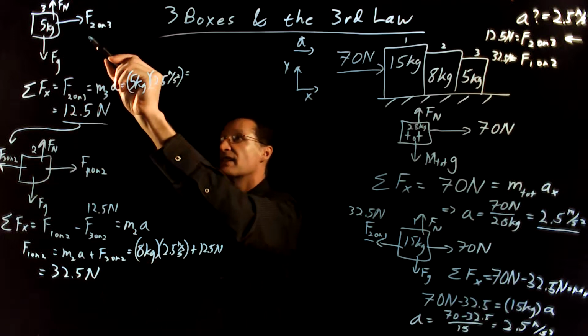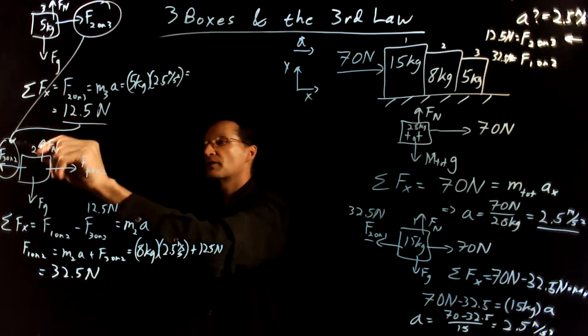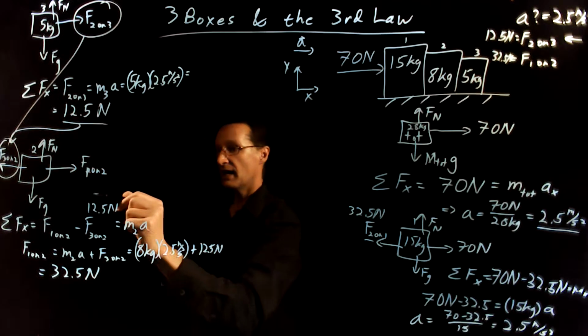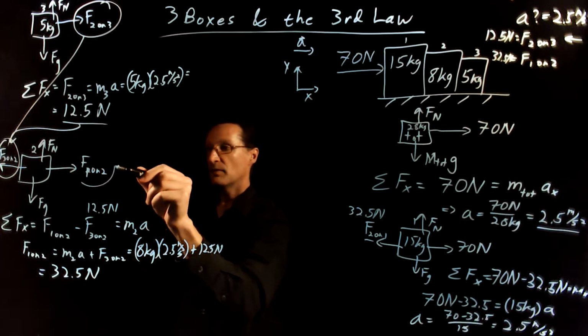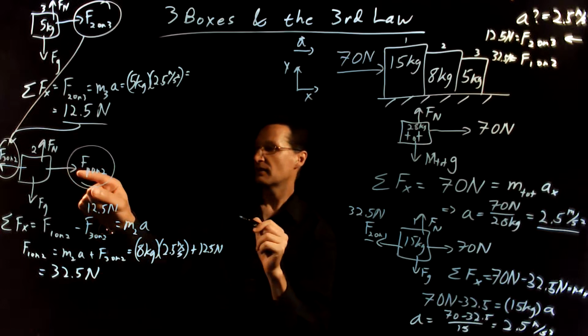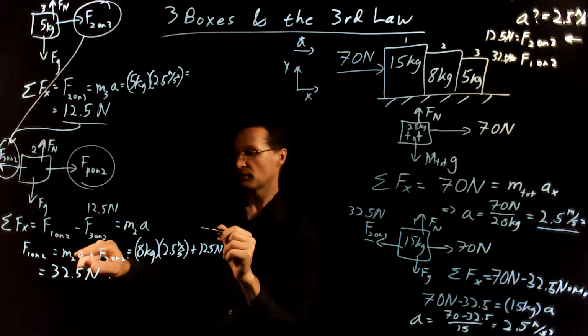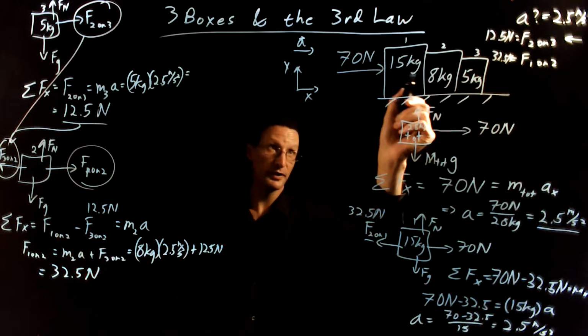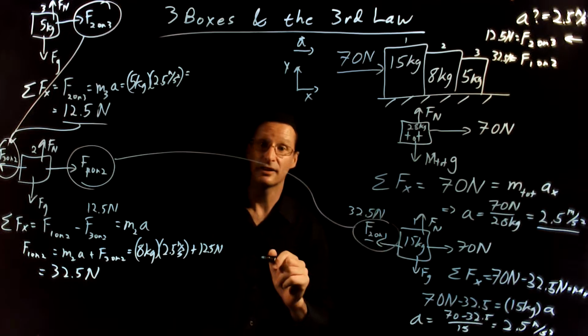So this force here and this force here were third law partner forces. Then we again use the third law, that the force that box 2 feels is the same as the force that box 1 feels from 2. And so we use the third law again with this one here.